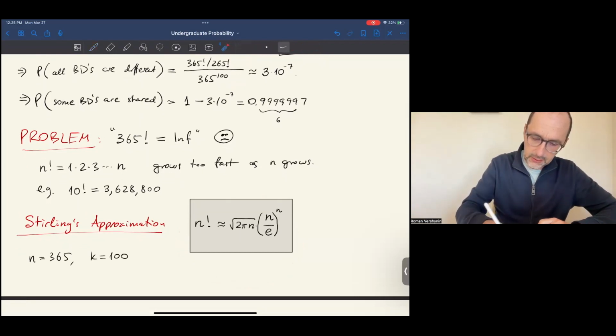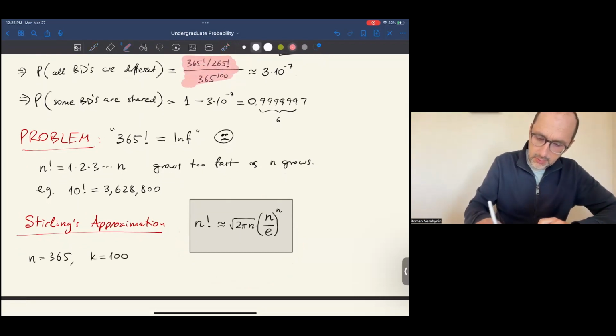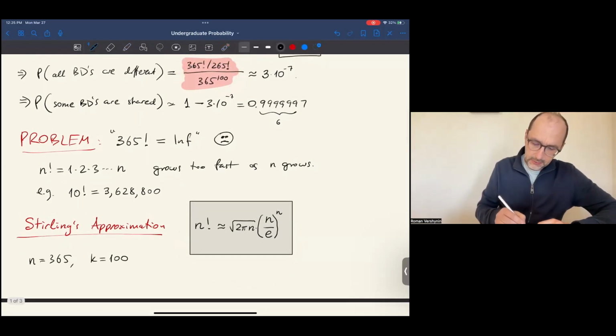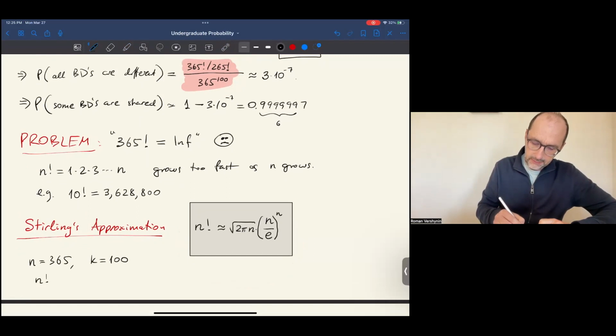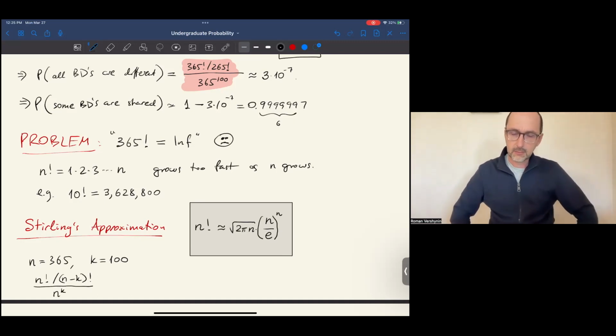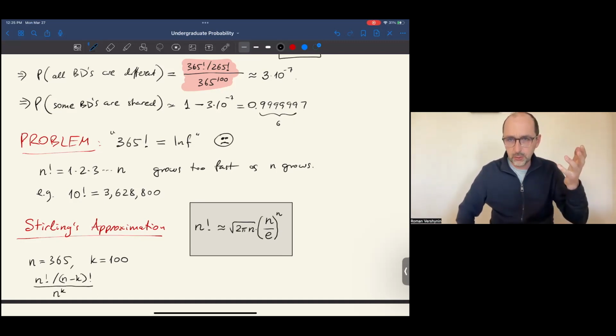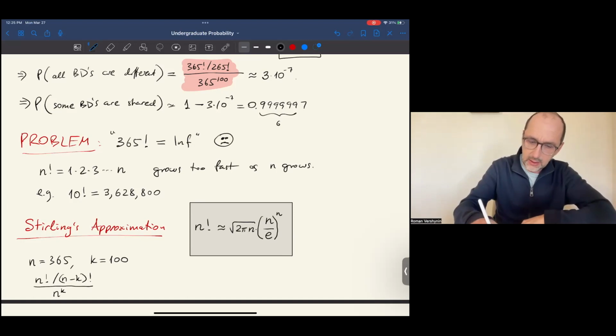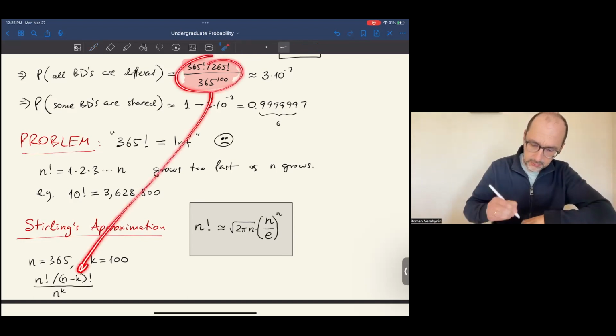So over here, we have n factorial divided by n minus k factorial, that's 265 factorial, divided by n to the k. Okay, I just denoted n and k these numbers, and that's what we're about to compute.